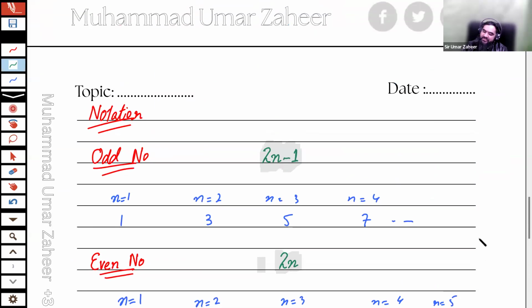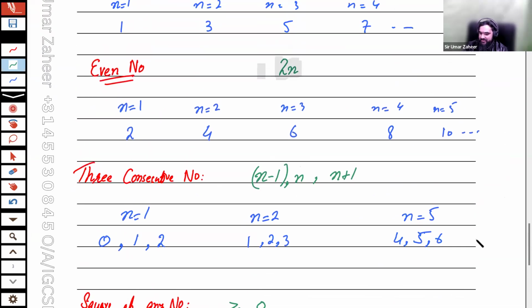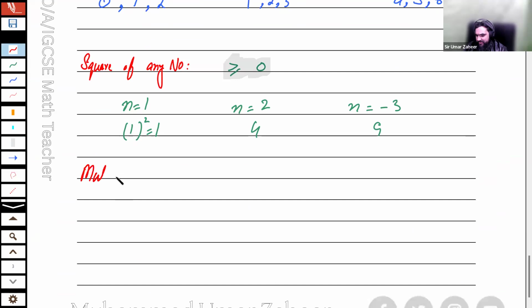No, sir. These are the basic notations that we will use a lot of times. So these are the general statements for 3 consecutive numbers and for square numbers. And if it says that you have to find a multiple of n, for the multiple of n we have to use k into n, where k belongs to the integers.